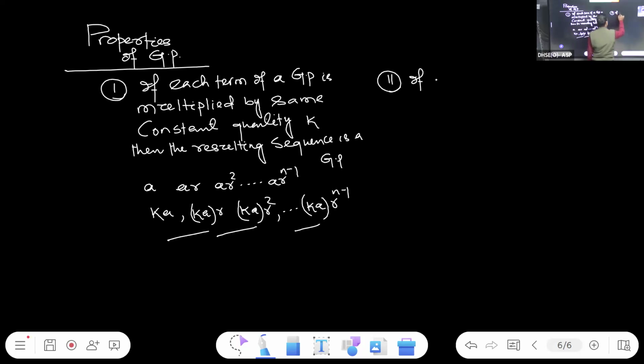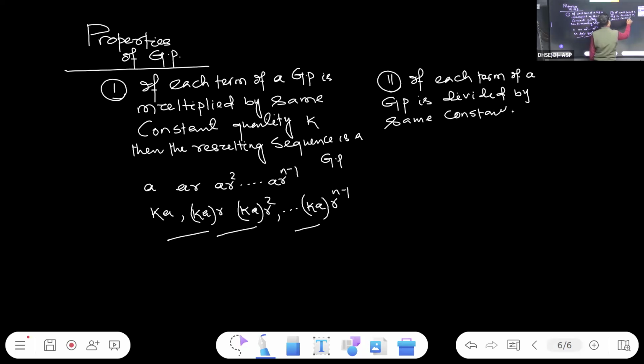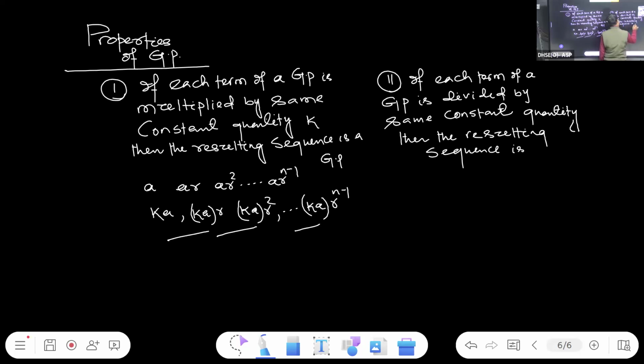Okay, then come to the second property. If each term of a GP is divided by the same constant quantity, then the resulting sequence is a GP.